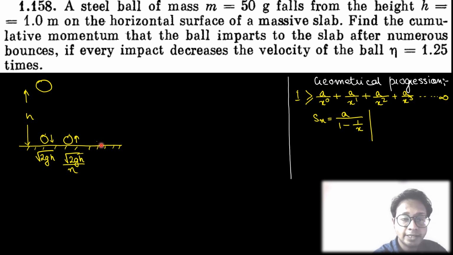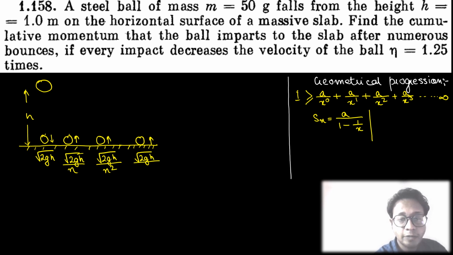After the third strike, the velocity would become under root of 2gh divided by n square, because the velocity would be reduced by n times from this velocity. After the fourth jump, the velocity of the ball after jumping would be under root of 2gh by n cube.